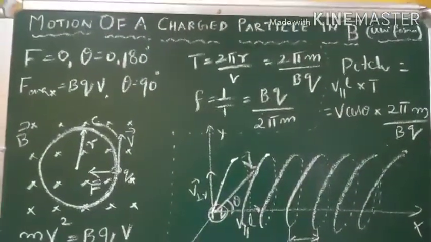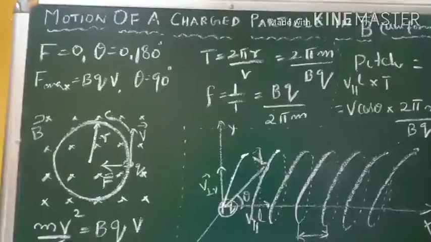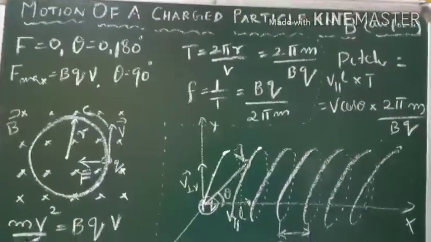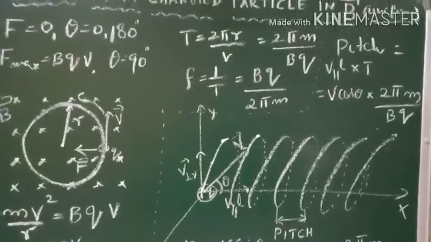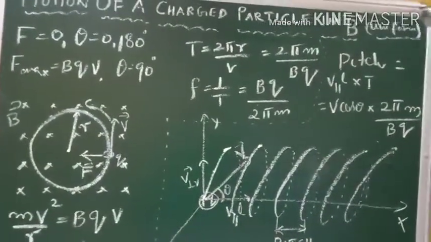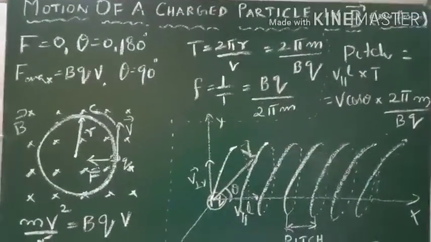So we have the expression F is equal to BQV sine theta. Now, in which case is the minimum force experienced on the particle? Suppose the particle enters parallel to the magnetic field, with theta 0 or theta 180 degrees, parallel to the field or opposite to the field.